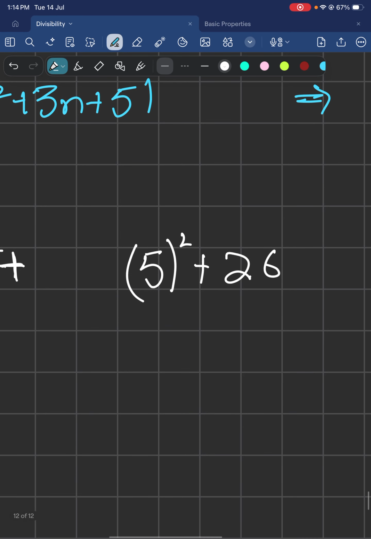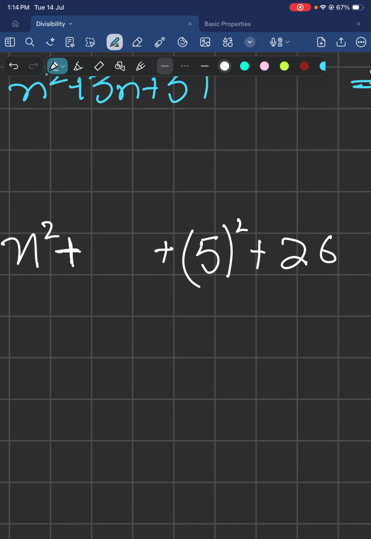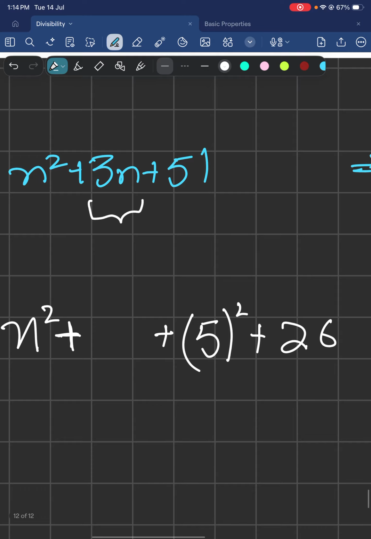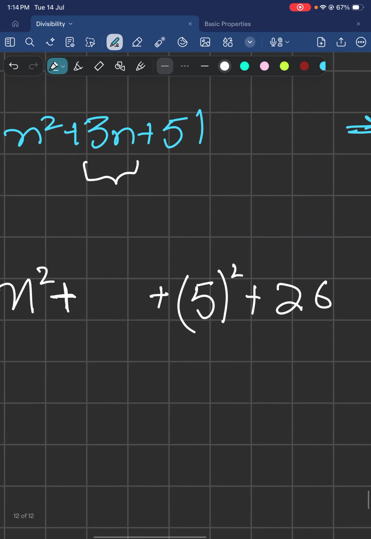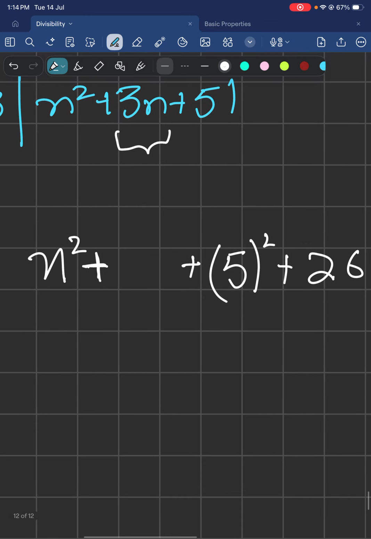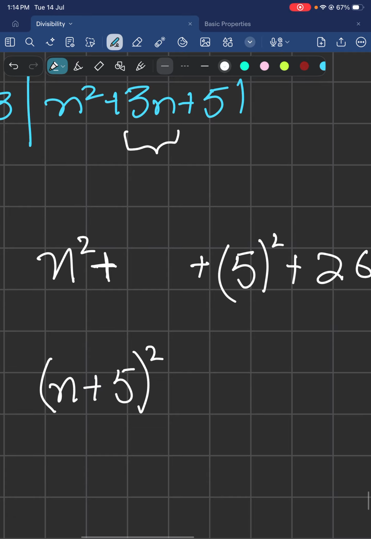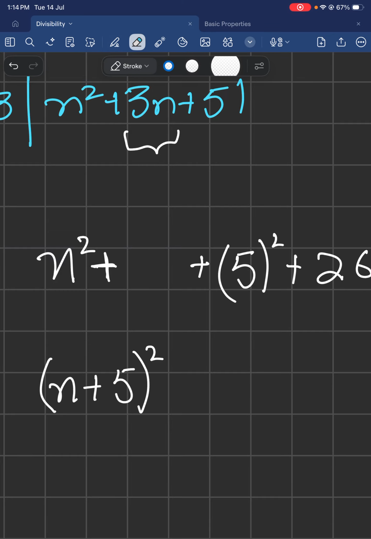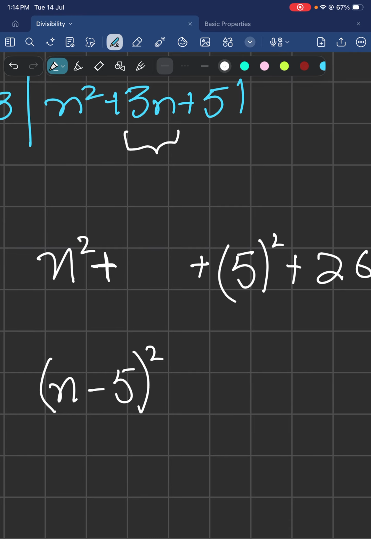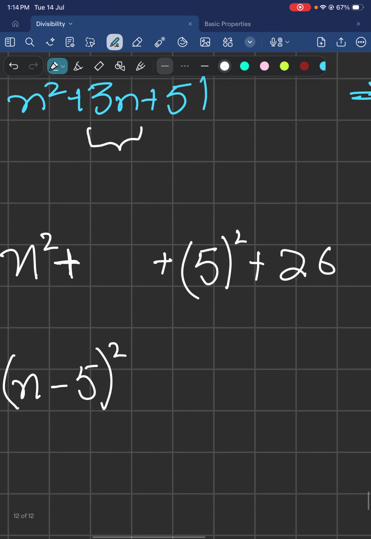Now we have got 3n here. So we want to make it n plus 5 whole square. We haven't decided the signs yet, whether n plus 5 or n minus 5, and we also want a multiple of 13 here.